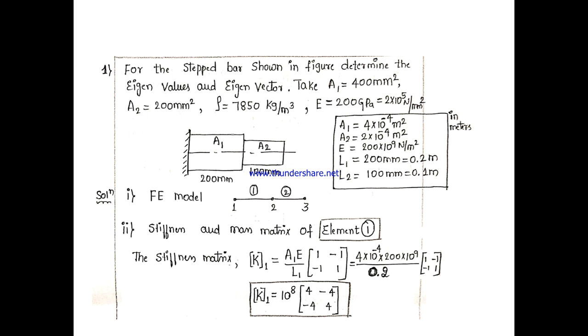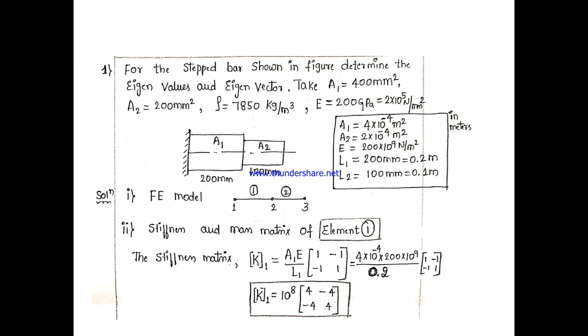Okay, start with the problem solution. First, the FE model: I have two elements, 3 nodes, and the stiffness matrix and mass matrix of each element. The stiffness matrix of the bar remains the same, and we need to consider the mass matrix. In the last class we discussed two mass matrices, the lumped mass matrix and the consistent mass matrix.